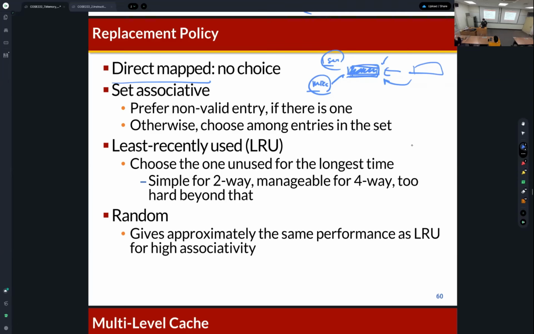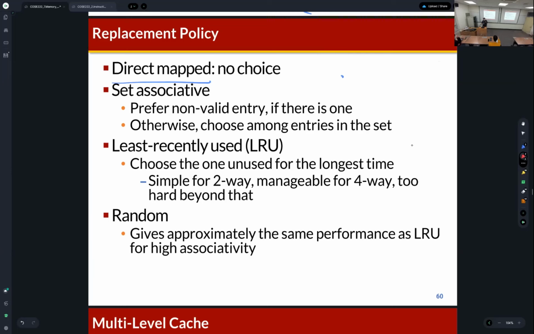So in this case, this block is evicted from the cache, and the new memory block, or the block from the low level cache, is allocated to the target set. This is how the direct mapped cache replaces the cache block. There is no choice. The previously allocated block is evicted and the new block is allocated.